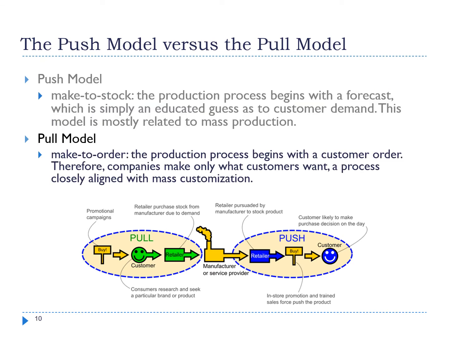The pull model is make to order. The production process begins with a customer order. The company produces only what the customers have ordered. This is a process closely aligned with mass customization.